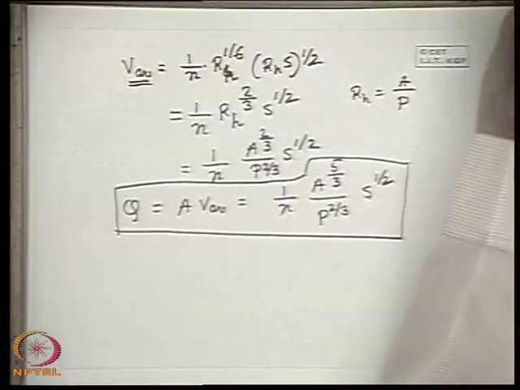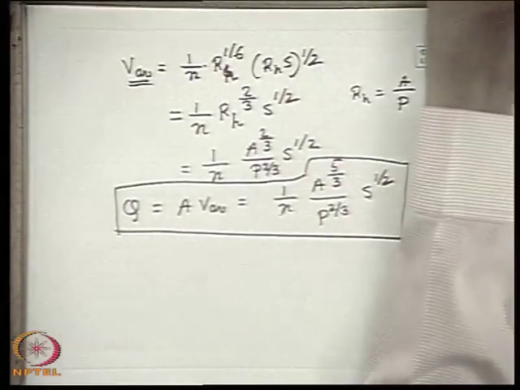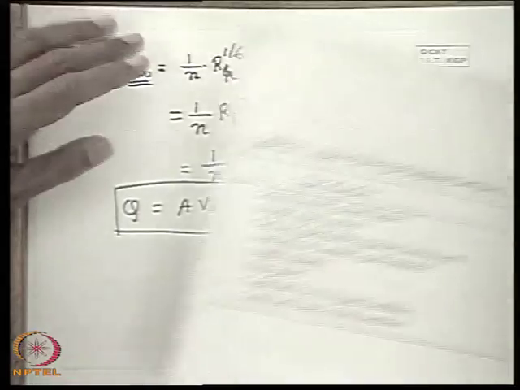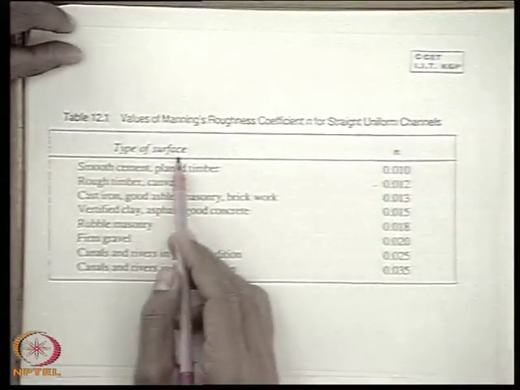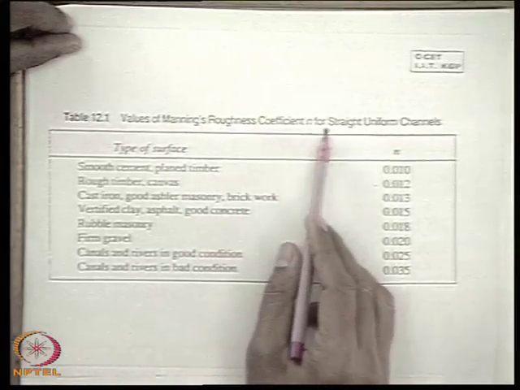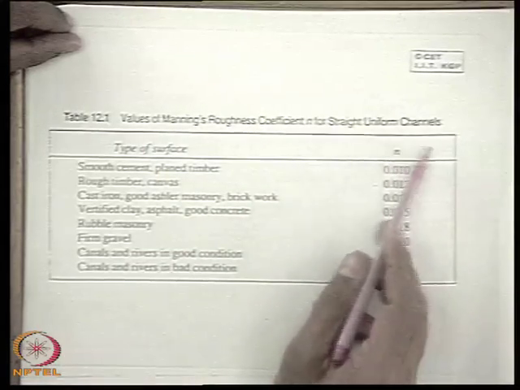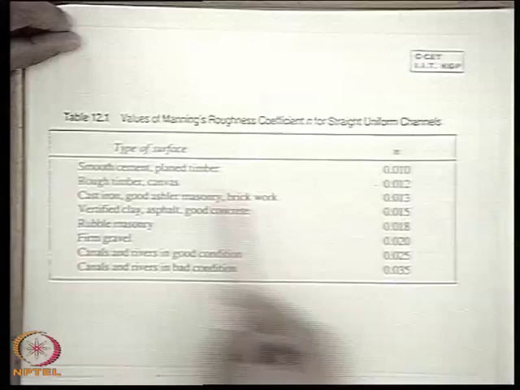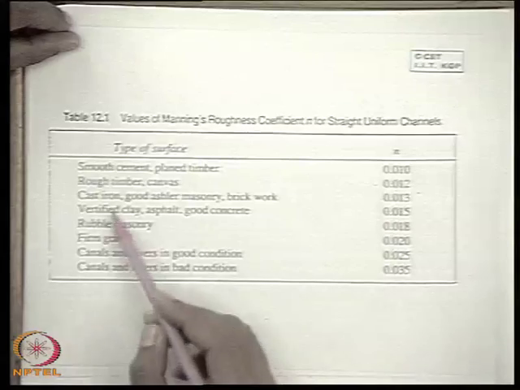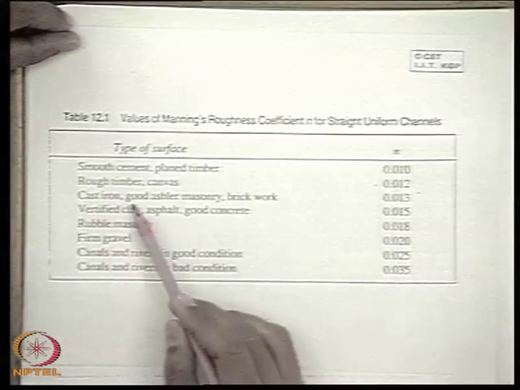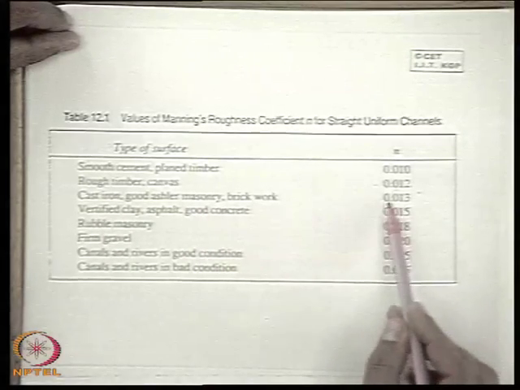Here I can show you the roughness factor for different materials of construction for the channels, the type of surface, values of Manning's roughness coefficient for straight uniform channels: for smooth cement, plain timber 0.01, rough timber canvas 0.012, cast iron, good ashlar masonry brickwork 0.013.